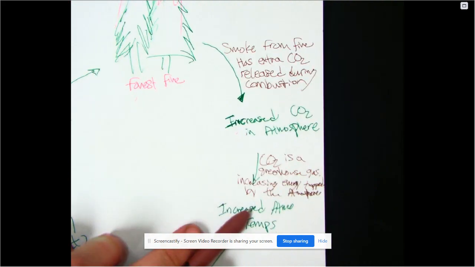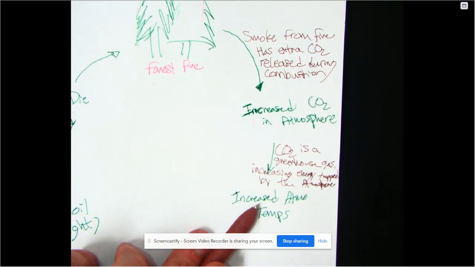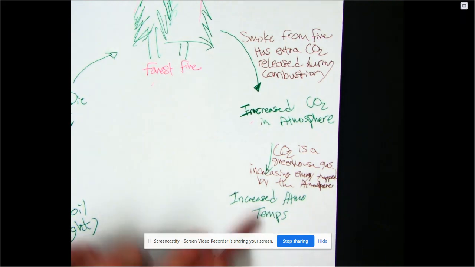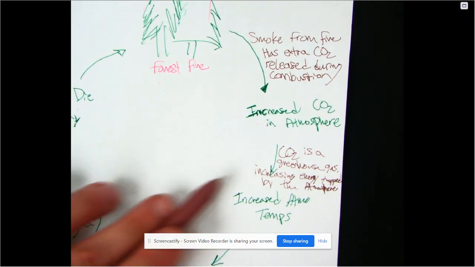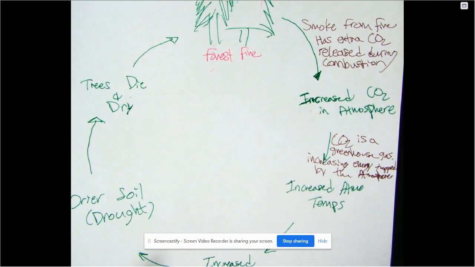Okay, and I know you can't read that because it's sloppy, but increased CO2 in the atmosphere, we know that it causes increased atmospheric temps because of the greenhouse effect, and it increases the amount of greenhouse effect, which would then catch more energy, raising the temp.